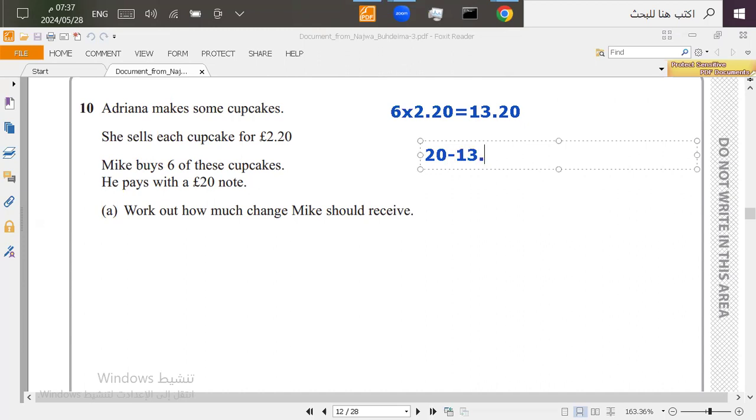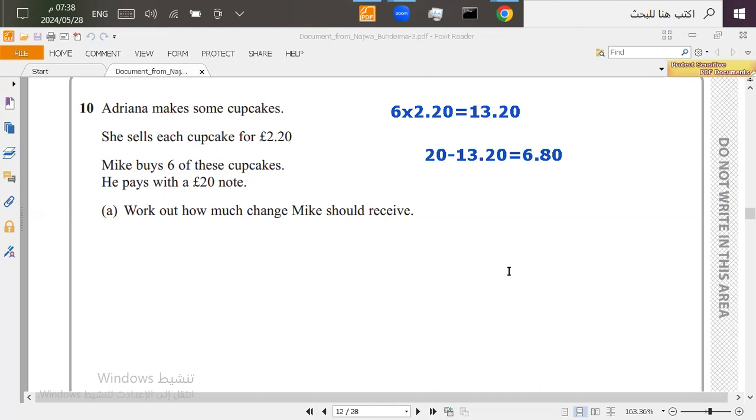So 20 minus 13.20. And the answer is 6.8 or 6.80, 6 pounds 80. And this is the change that he gets back from buying with a 20 pound note.